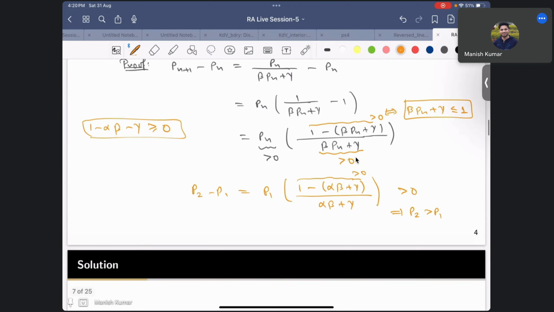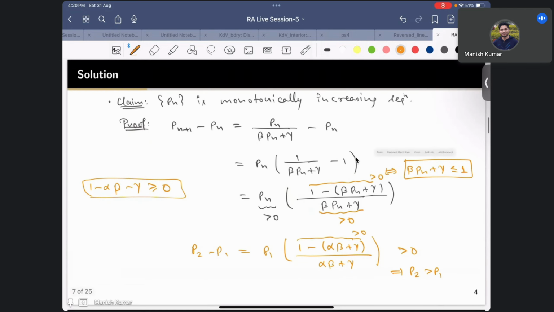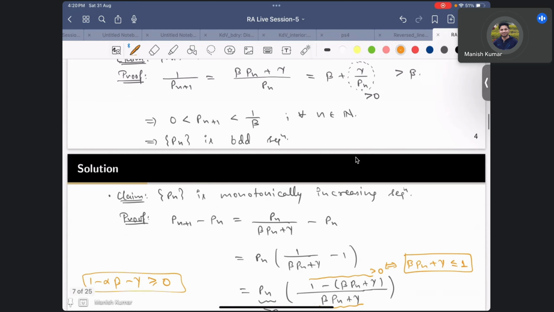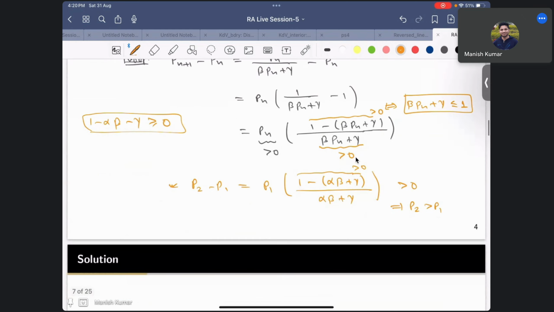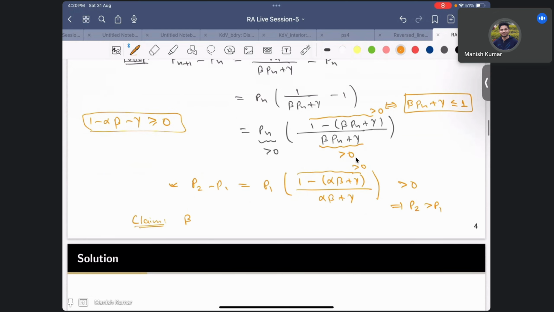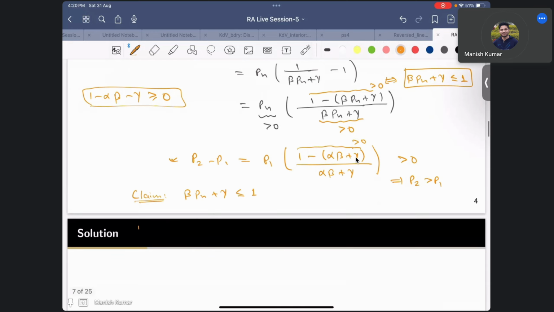Okay, so how to prove it? Maybe we'll have to use this part. So my claim would be that beta Pn plus gamma is less than or equal to 1. Let me see how to prove this one.